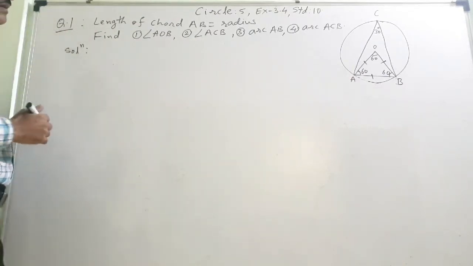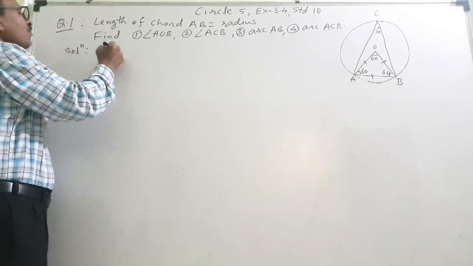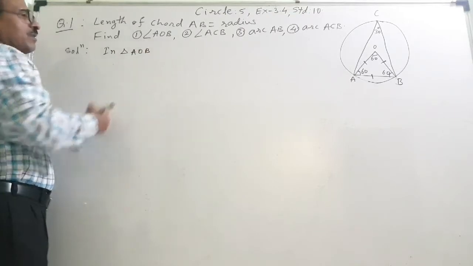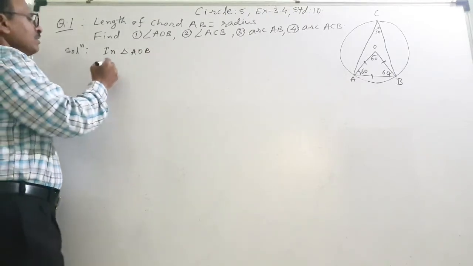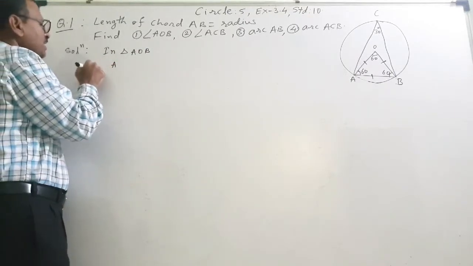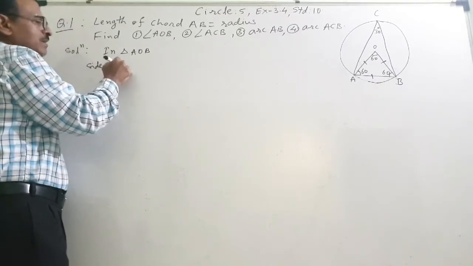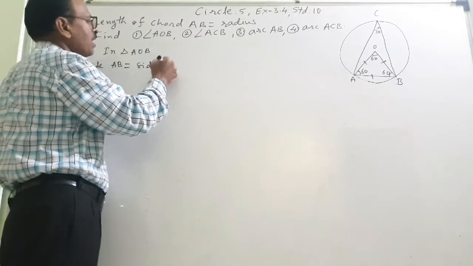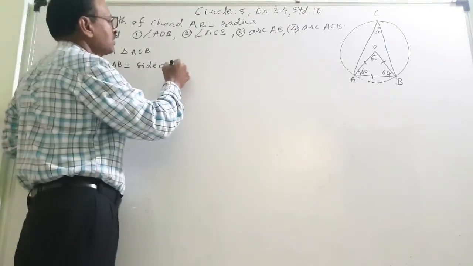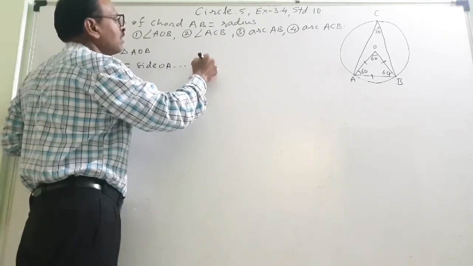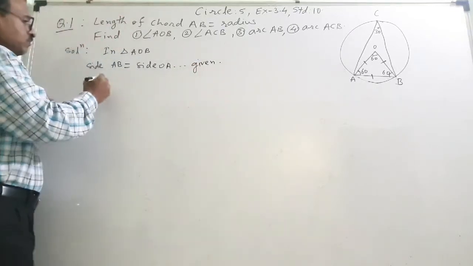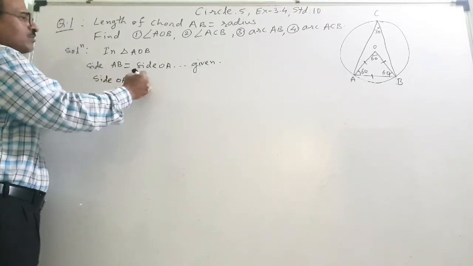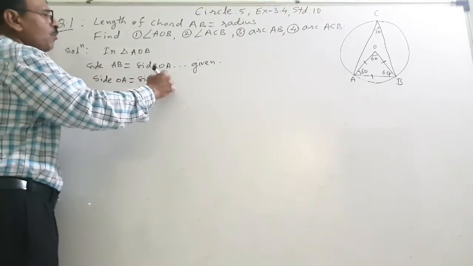Solution. In triangle AOB, side AB, I will say side AB is equal to side OA. This is given, and side OA equal to side OB.